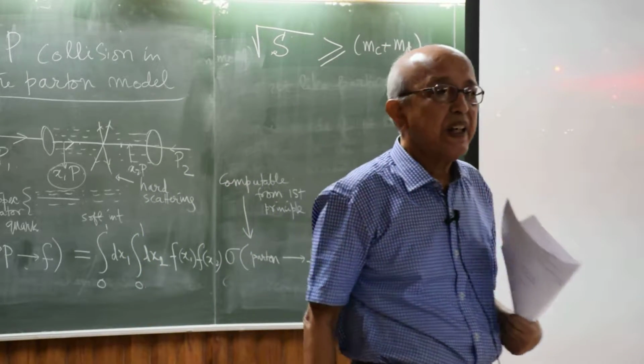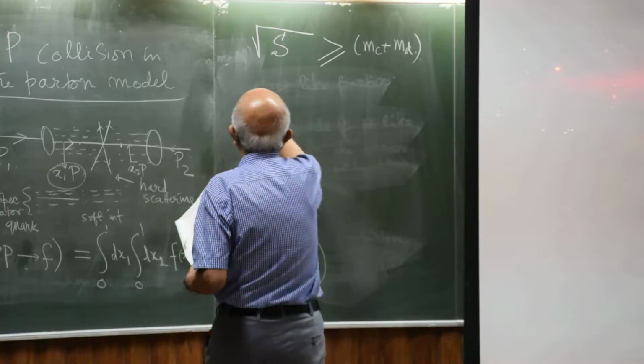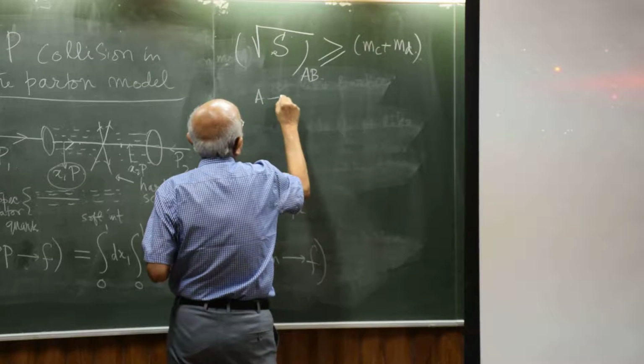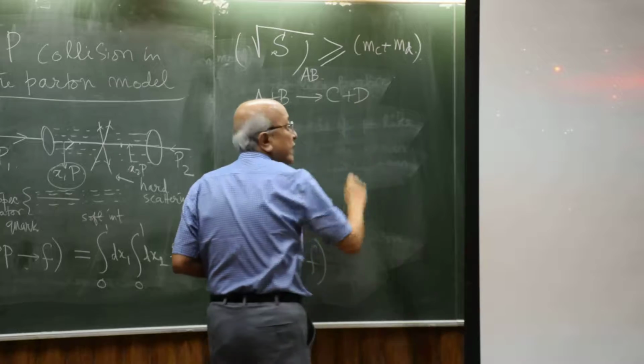That is, if A plus B produces, maybe I denote that this is the center of mass energy of AB, and the scattering is A plus B going to C plus D.